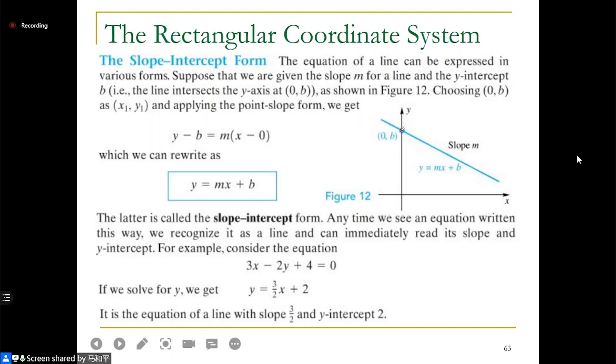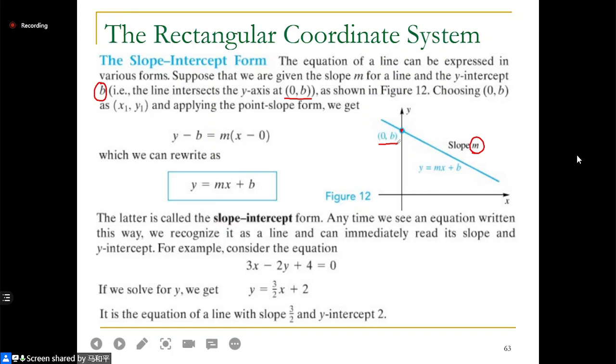This straight line has slope m, and this line has the y-intercept. This is b. This means the line intersects the y-axis at (0, b), and b is called the y-intercept. As shown in figure 12, choosing the point (0, b) as x1, y1, this means a fixed point, right?